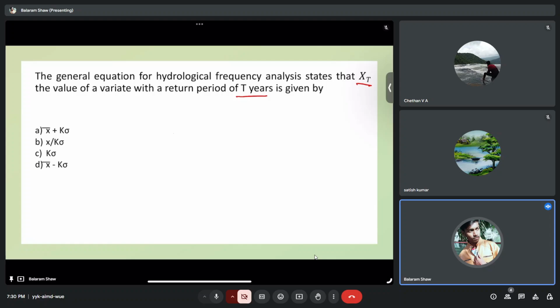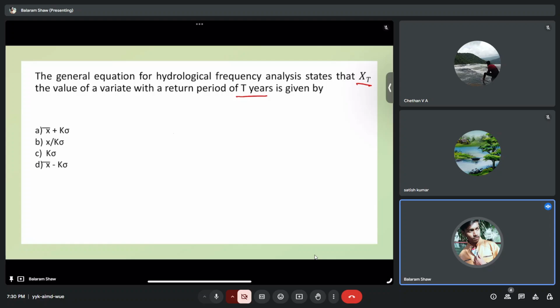And how do we mathematically write the risk? Risk R equals 1 minus (1 minus p) to the power n, where p is the probability of occurrence. And we know that for an annual series we write p as 1 by t, where t is the return period.